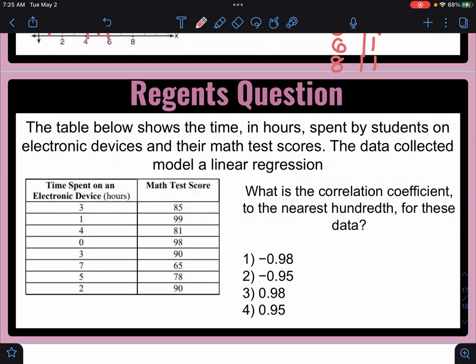Alright, now I go menu, stat, stat calc, linear regression, make X say X, make Y say Y, and then I click OK. And my R value is closest to negative 0.98.